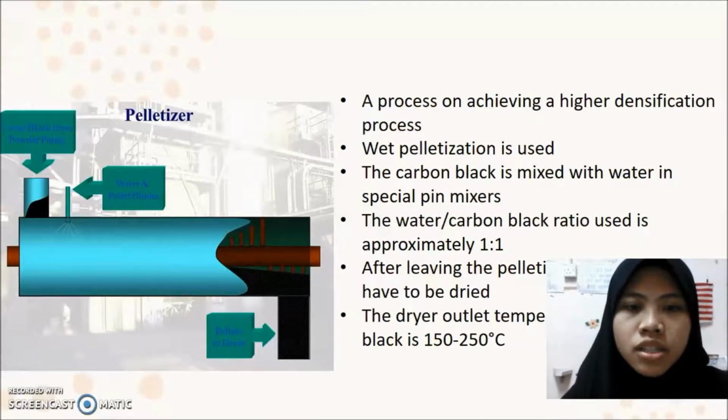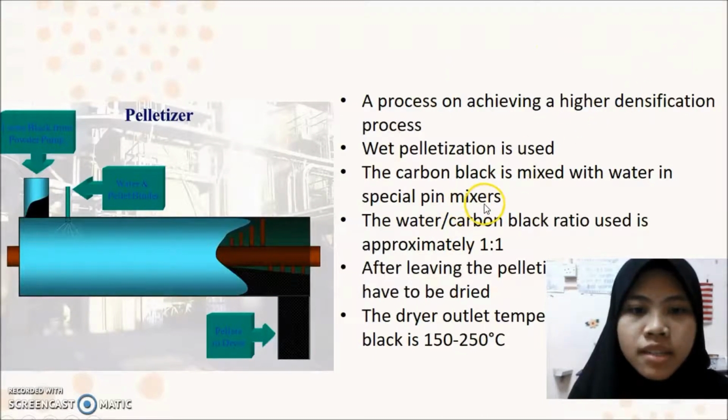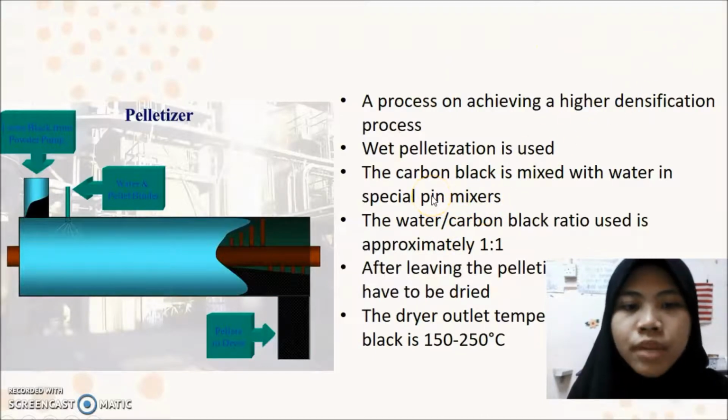and dry granulation in a pelletizing drum. In our process, we use wet pelletization. In the wet pelletization process, the carbon black is mixed with water in special pin mixers in which the amount of carbon black and water has to be closely monitored.